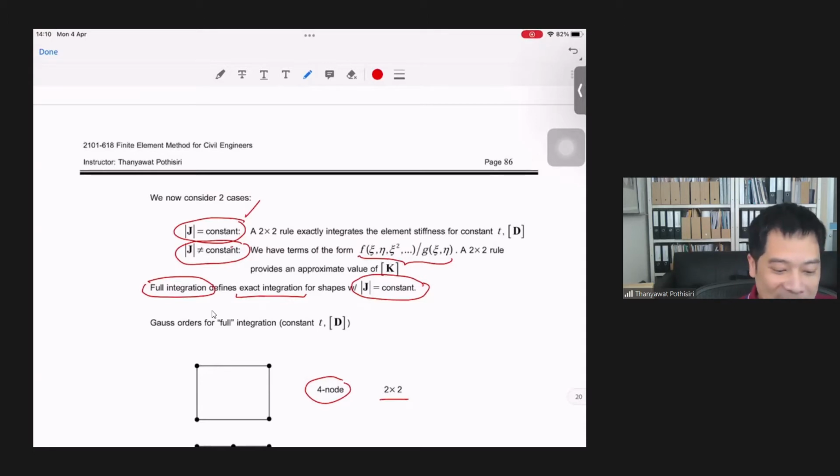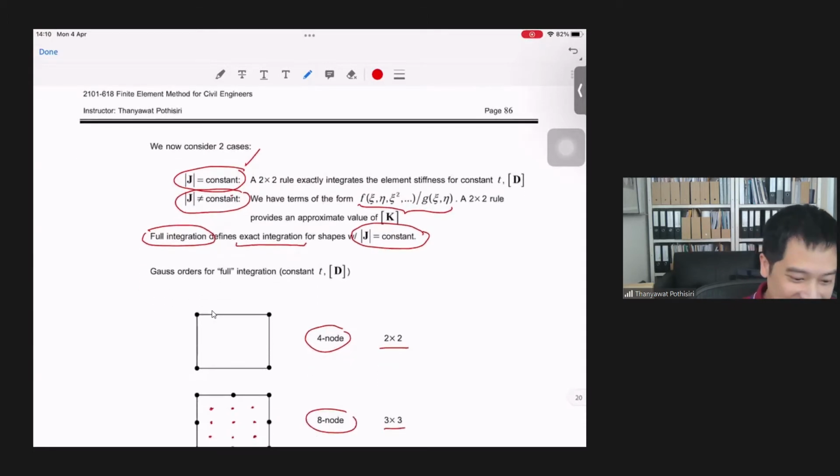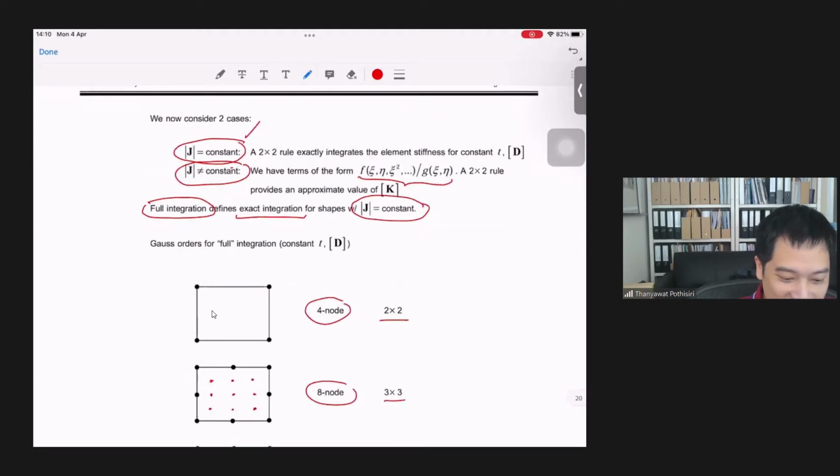Now, in practice, you would see that even though you know that full integration order would give you the exact integral for your element stiffness matrix, people most of the time would not prefer using full integration order. Why is that?